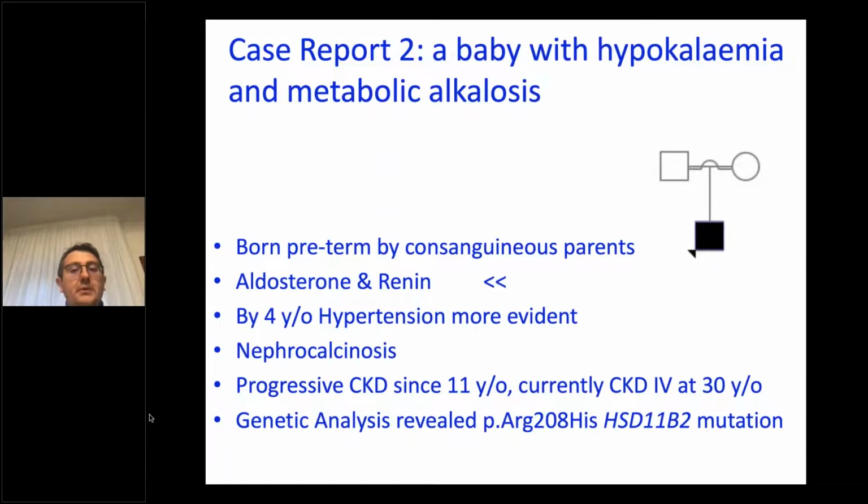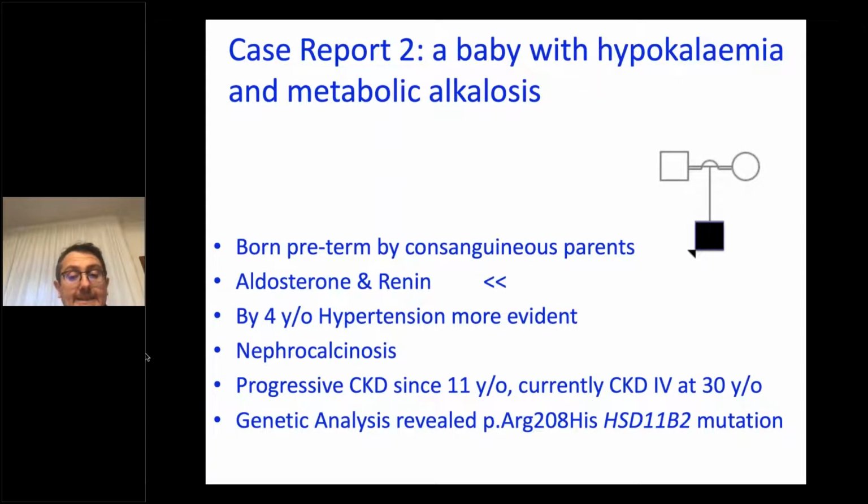To come back to our patient, he was born preterm by consanguineous parents. They were cousins, and he presented very low aldosterone and renin level, and by age of 4 years old he started to present hypertension. He was also affected by nephrocalcinosis, and this can of course also be present in Bartter syndrome, as you point out.